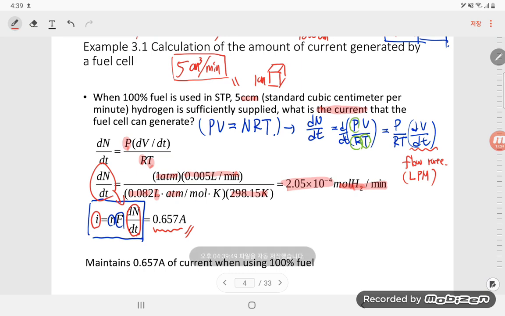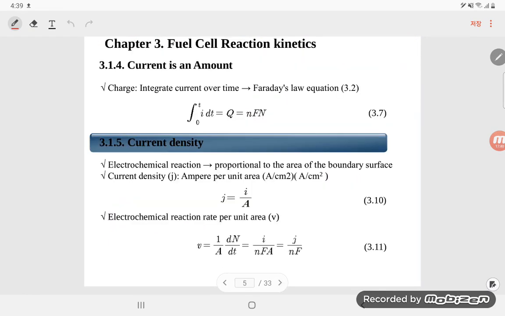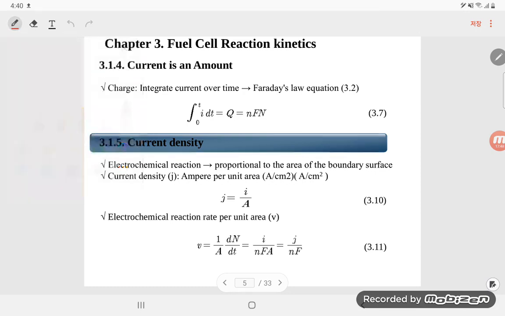Okay, then let's move on to the next. This is about the current also. Current is an amount. So how can you get the charge? Charge can be calculated through integration of current over time.